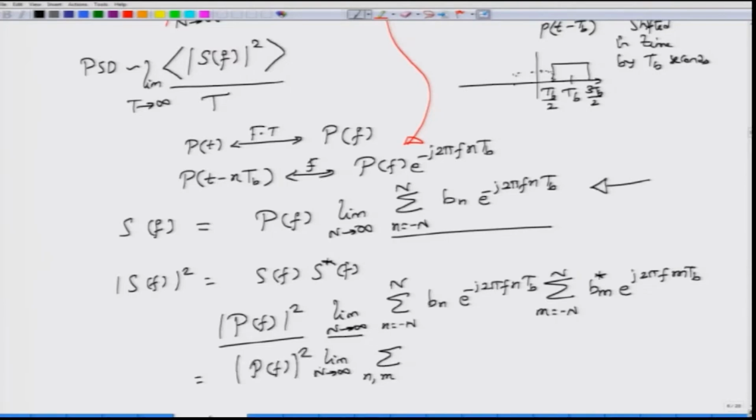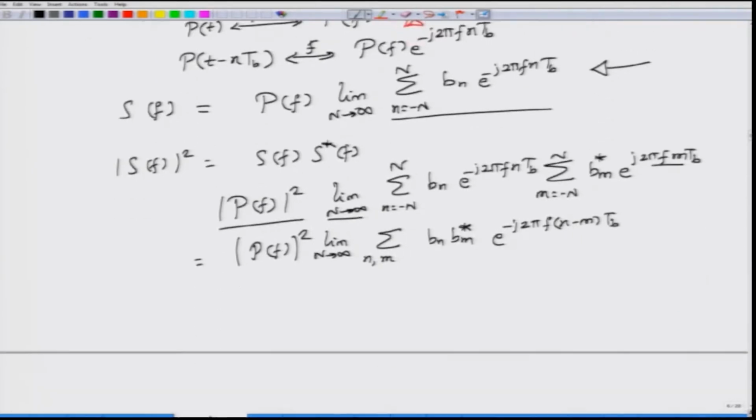So, this is what it is, and then you have Bn, Bm complex conjugate. Here you have minus j 2 pi f n Tb and here a plus f m Tb, but you can write this as n minus m Tb. Now, do not forget to put the averaging operator.